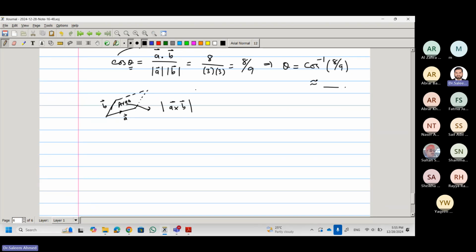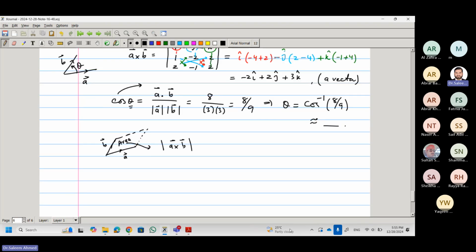So if you find the length of this vector, it gives you the area of the parallelogram.